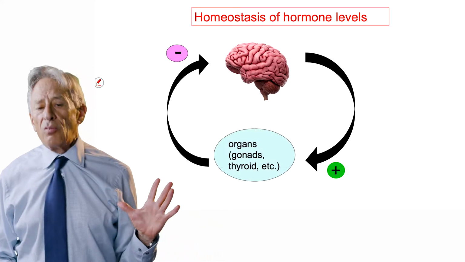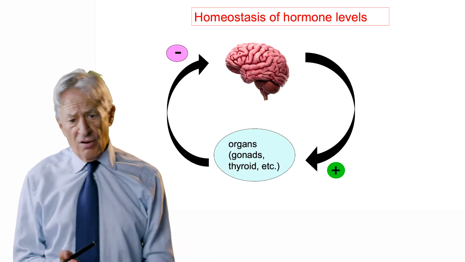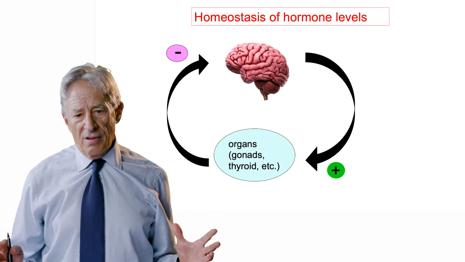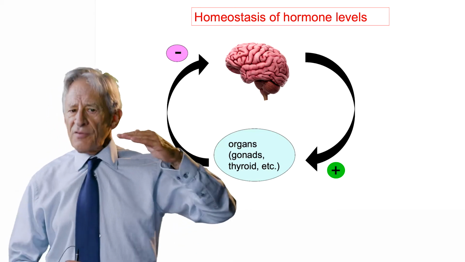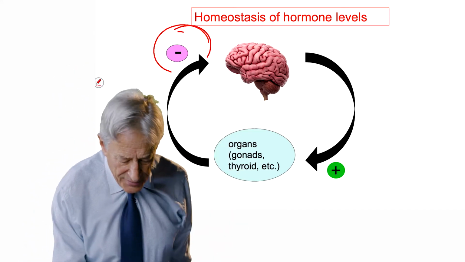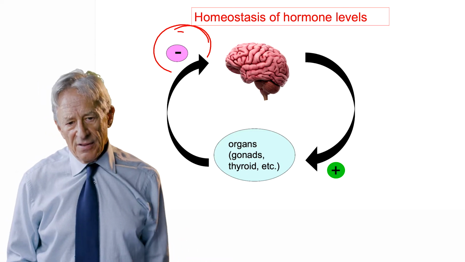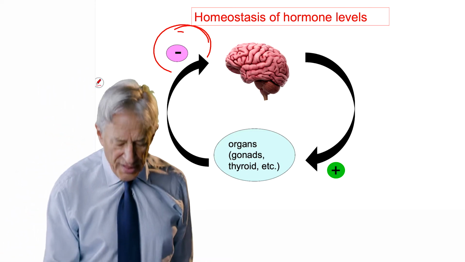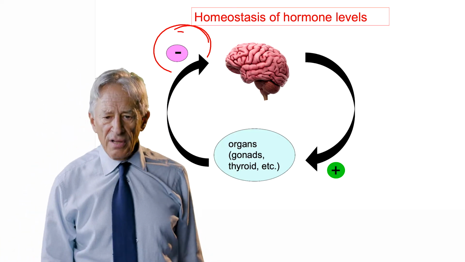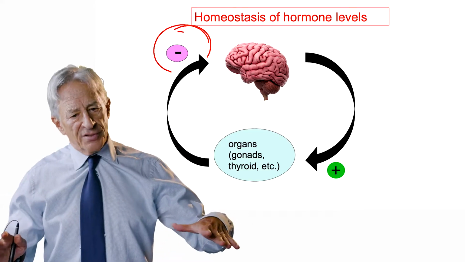More hormones. Let's talk about other organs, the thyroid, the gonads. They all release hormones, and the level of those hormones is sensed by the brain, and the brain has a negative feedback mechanism in it, which then, if the hormone gets too high, sends a signal to shut down production, and if the hormone is too low, sends a signal to increase production.